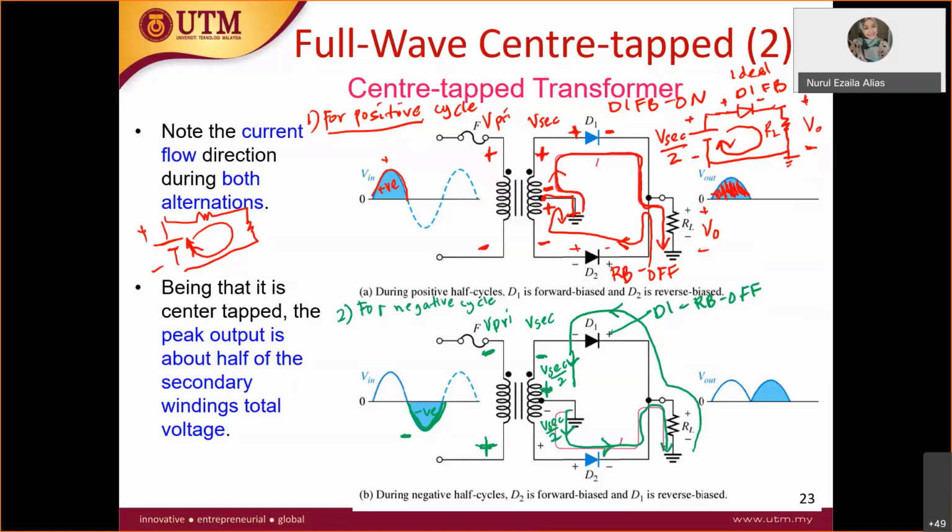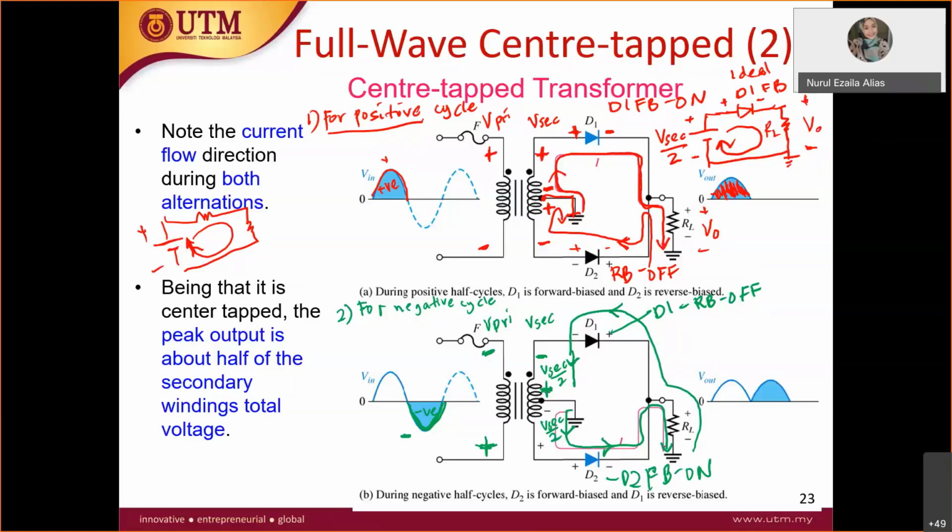Therefore, your D2 will become forward or reverse? Forward bias. Yes, forward bias. Why am I going slow? Because I need you to understand.